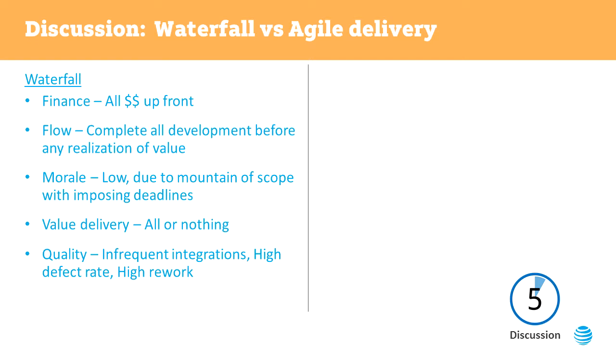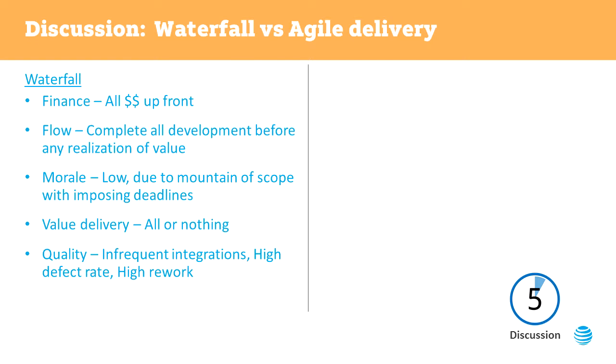Before we move into the next topic, let's consider the delivery method that's implied by the client. He's asking for a large amount of work, multiple functionalities, and he wants it all now. This is a classic model for a waterfall development process. All of the design is done up front. All of the development is coded at once before anything is delivered.